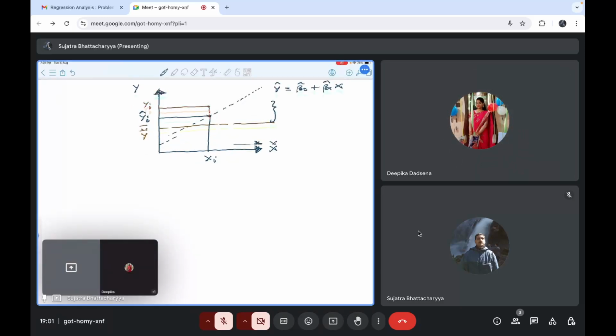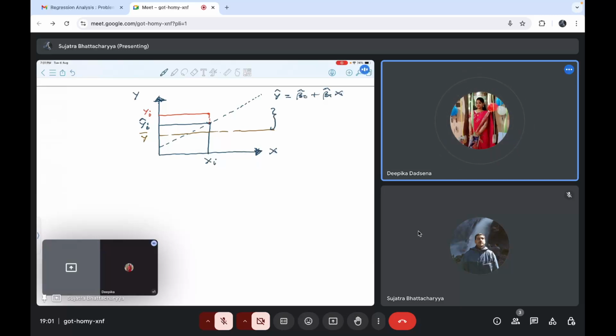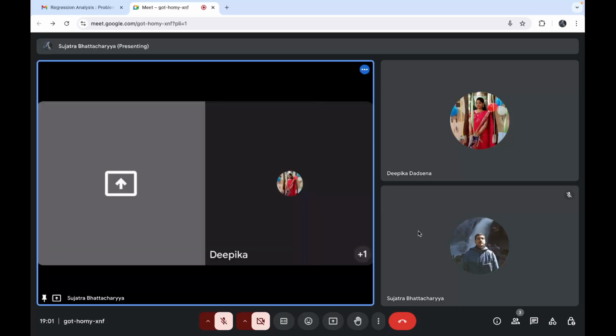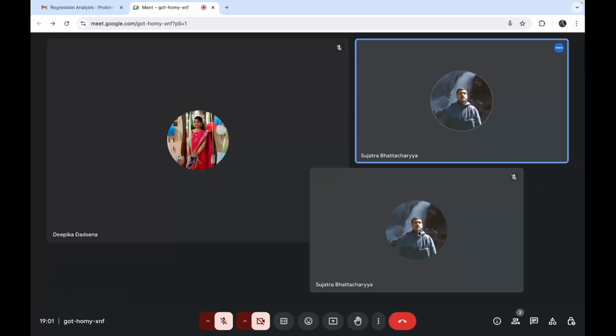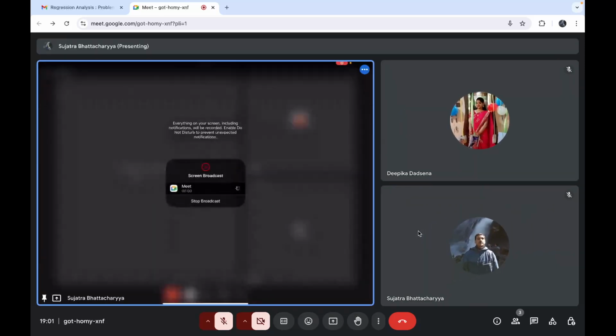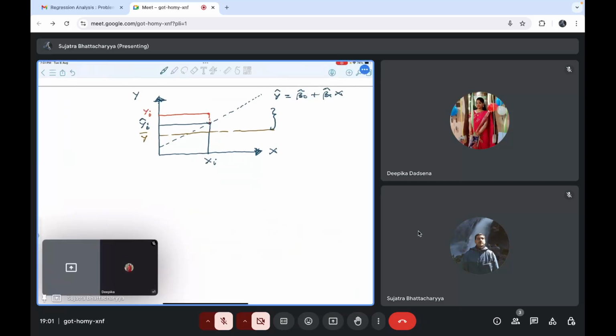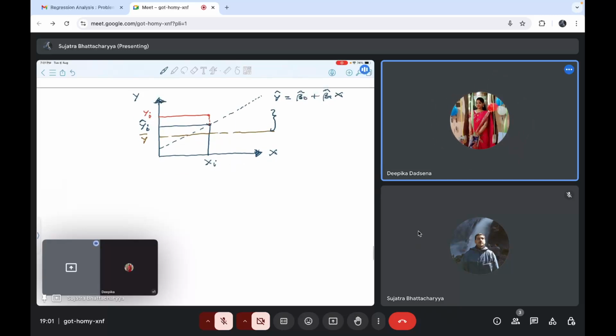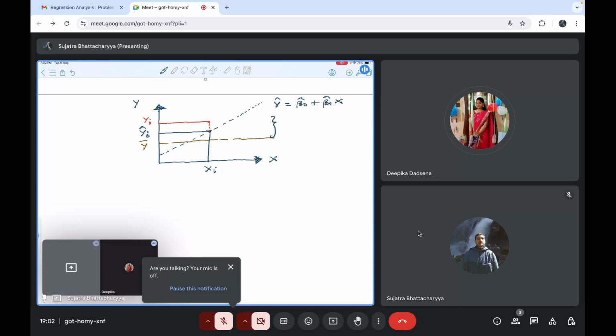Huh? Is it visible now? My screen is not visible. Um, okay, let me go. I can share it. I think some network issues. See, now it is visible. Hello. Whiteboard is not visible. Can you just go out and join again?